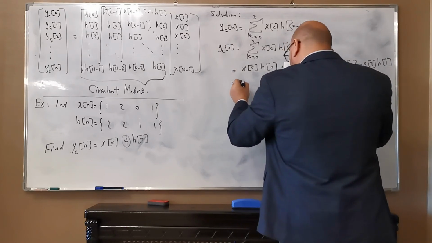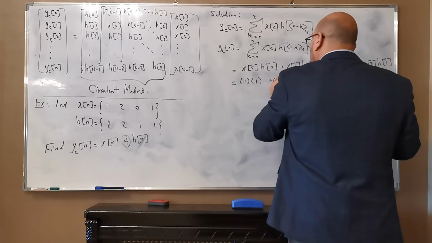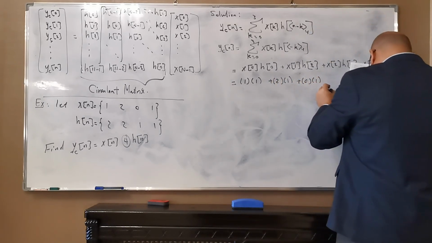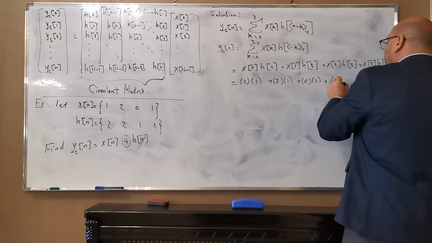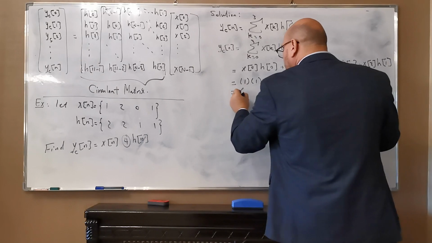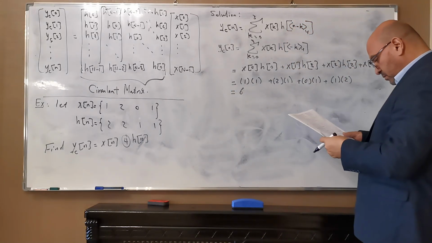So this equals 1 times 1 plus 2 times 1 plus 0 times 1 plus 1 times 2, and it equals 6. So yc of 0 is equal to 6.